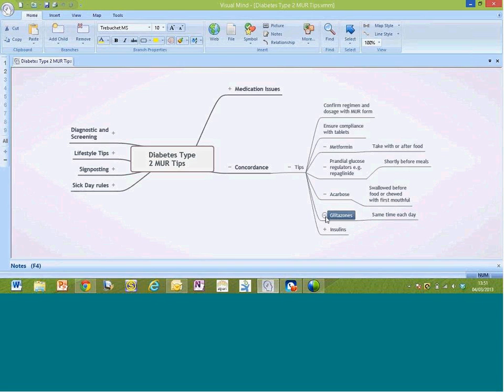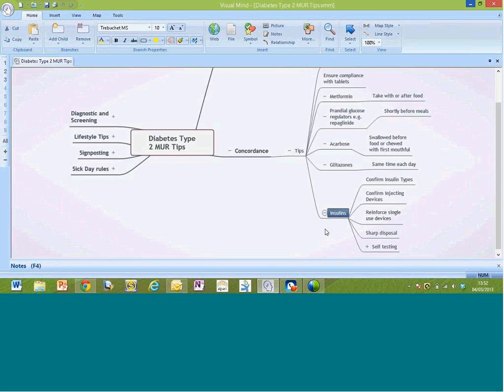Finally, with the insulins, the thing that you would generally tend to ask a patient who's got type 1 diabetes, we covered this at length last time round, you'd want to confirm the insulin type with the patient, confirm the injecting devices, and make sure they are using it correctly as well. I mean, the chances are they probably are.